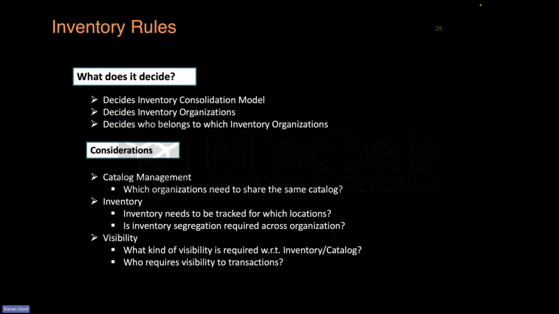So you don't want every organization to look up inventory of all of your catalog, right? You want to confine your inventory so that only those inventory items and products are visible to customers.